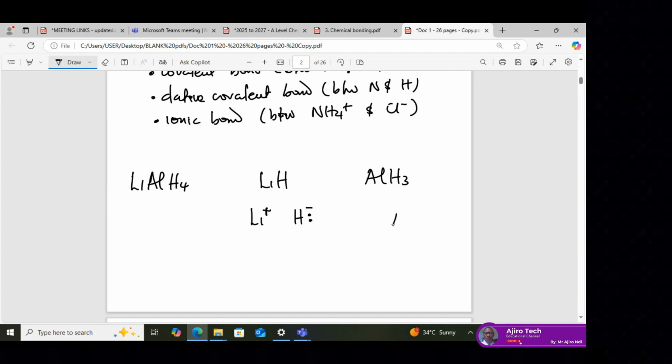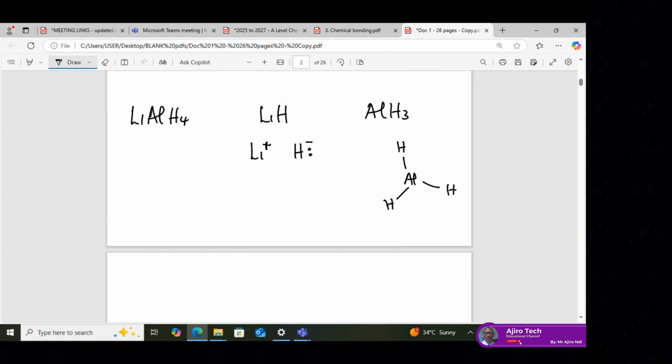But in AlH3, Mr. Aluminum does not have a complete octet structure. Do you remember that? Mr. Aluminum, you don't have a complete octet structure. You are not complete. So what do you think will happen here? Look at it. So AlH3 plus H minus with a lone pair.